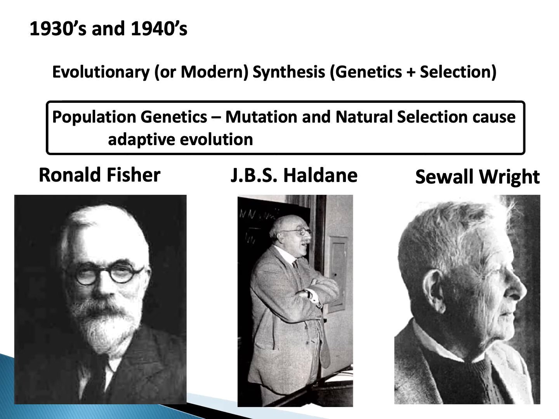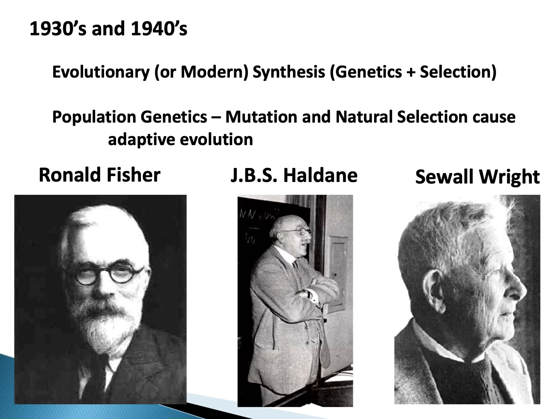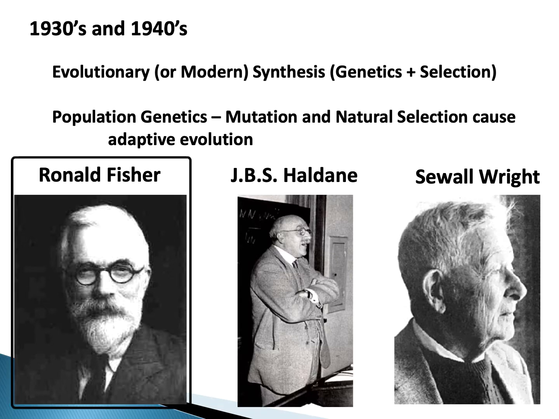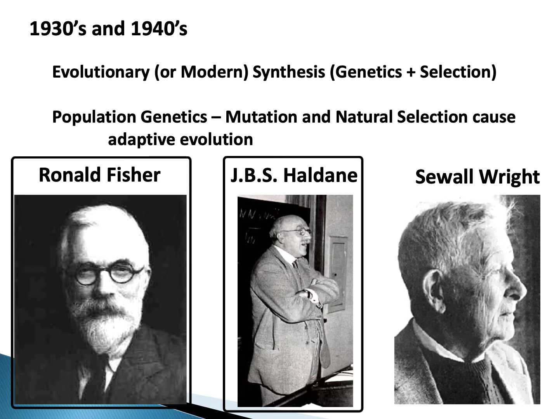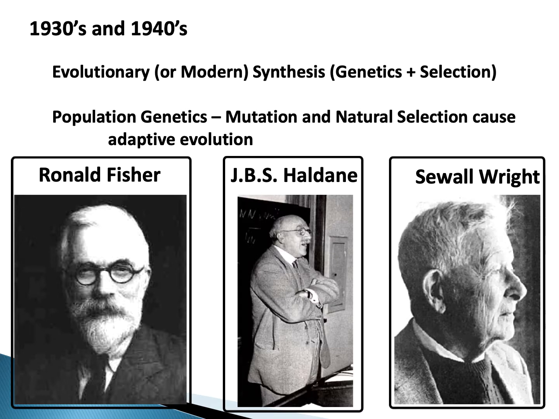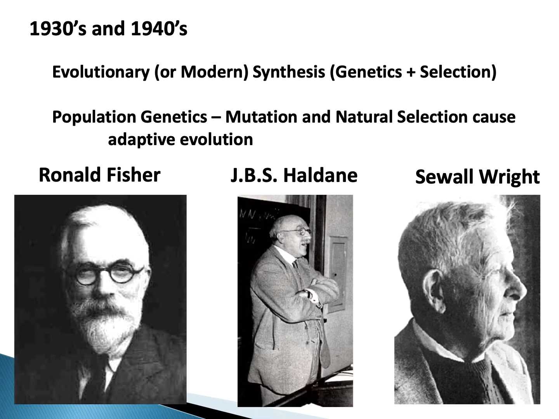And these different theories were put forth by Ronald Fisher, Haldane, and Wright. And still there are many aspects of this that are still used today in modern genetic and evolutionary projects and research.